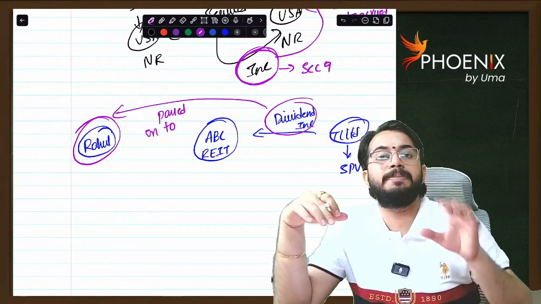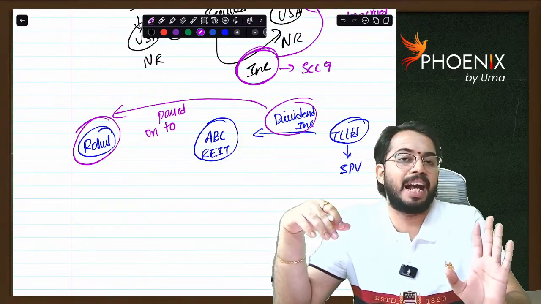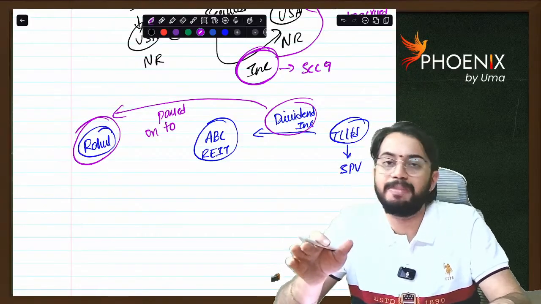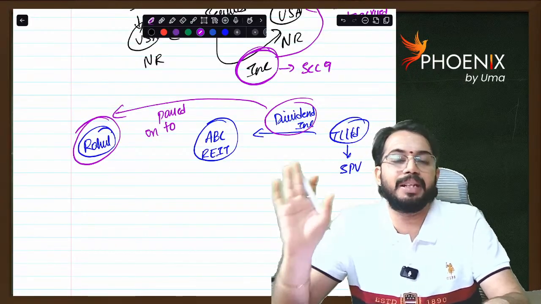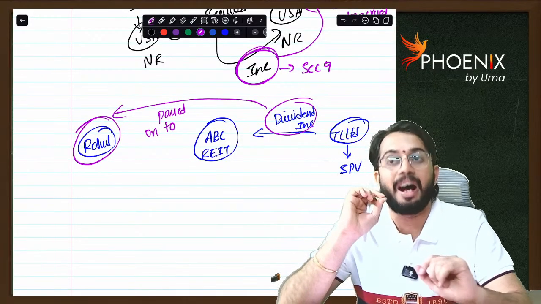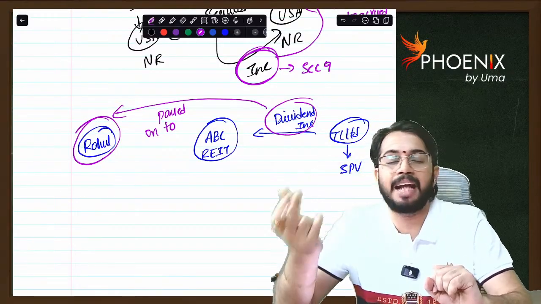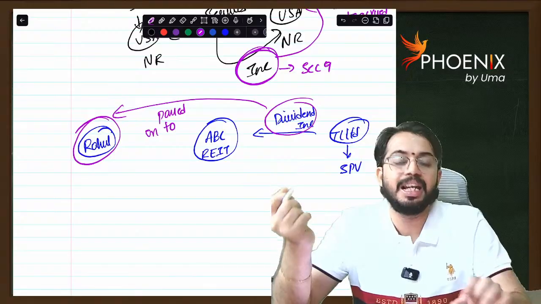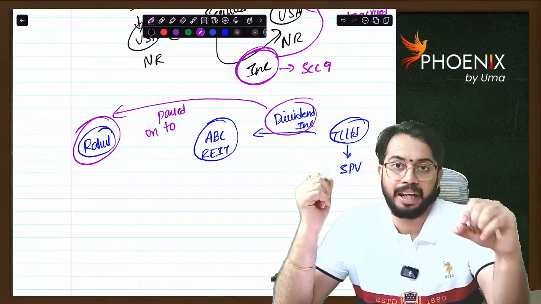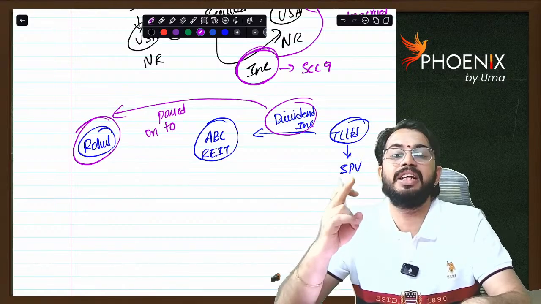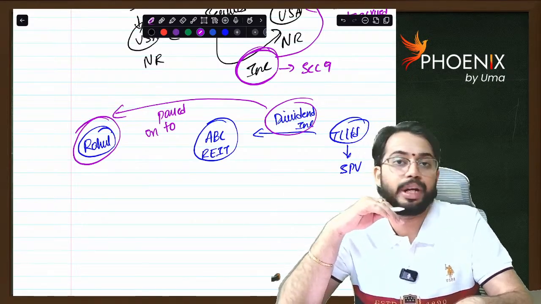Now, if SPV pays taxes at normal tax rates, 25% or 30%, dividend is exempt in hands of business trust. Dividend is also exempt in the hands of unit holder. However, if SPV is paying taxes at concessional tax rates under section 115 BAA, then dividend is exempt in the hands of business trust. Such dividend is taxable in the hands of unit holder. Correct?